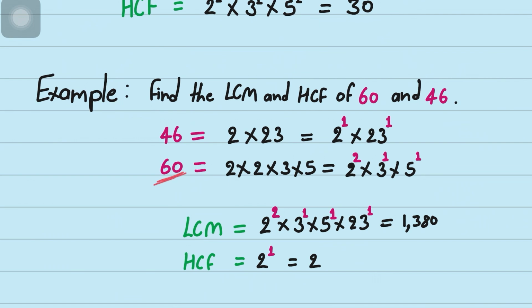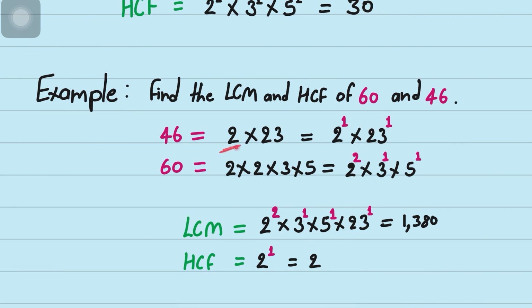And 60 is not a prime number, so it has many prime factors: 2, 2, 3, and 5. So I just wrote them to make it easier to understand.